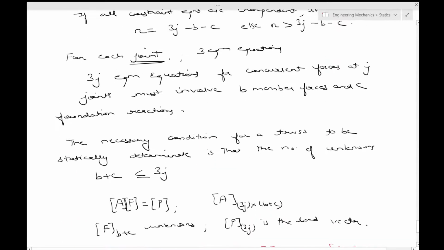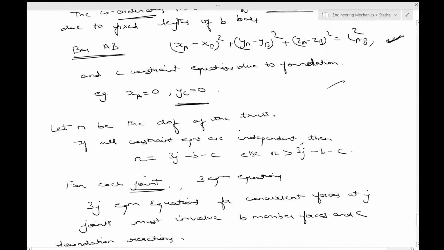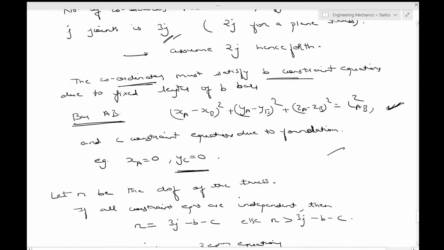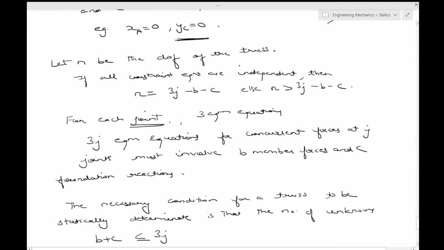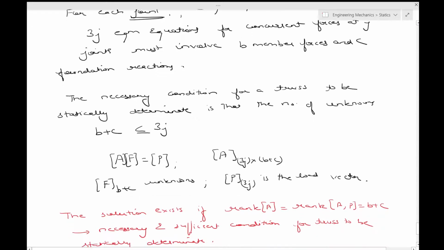And that comes from over here. We had claimed over here that the necessary condition for a truss to be statically determinate is that the number of unknowns b plus c must be smaller than 3j. Okay.